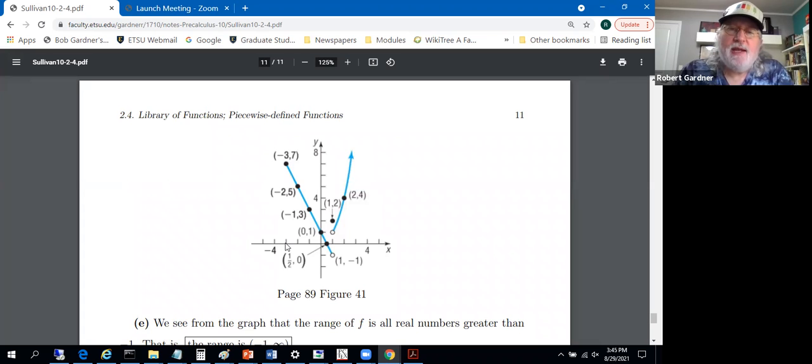So input the -3 into the first part, input -2 into the first part, input -1 into the first part, 0 for the first part, 1. Actually, you don't put 1 into the first part because the first part is no longer valid at 1. I really only need 2 points, though, to determine the line. So this is a bit of overkill.